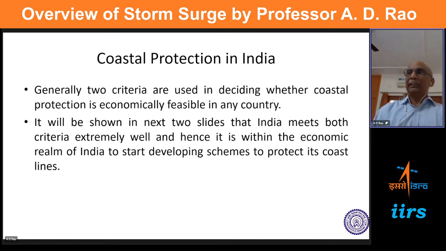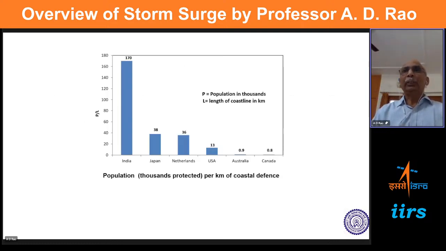You can say that it is economically feasible on two conditions, which I would like to show you. The first one: look at this histogram, which shows the population per kilometer of coastal defense for India, Japan, Netherlands, USA, Australia, and Canada. India is placed first.